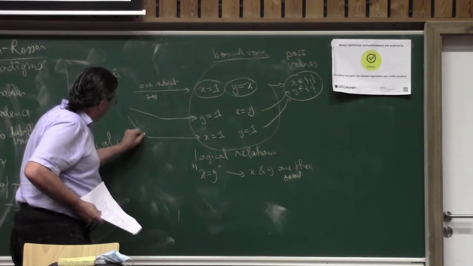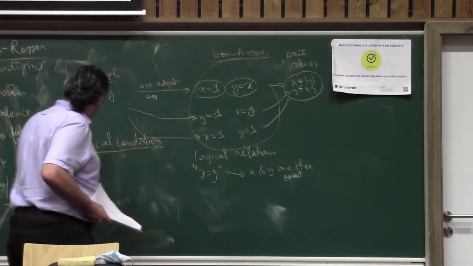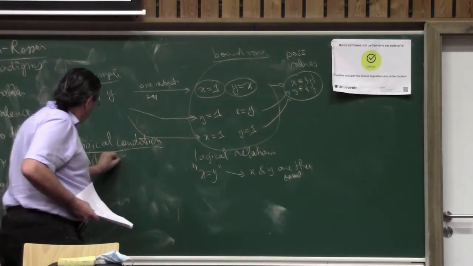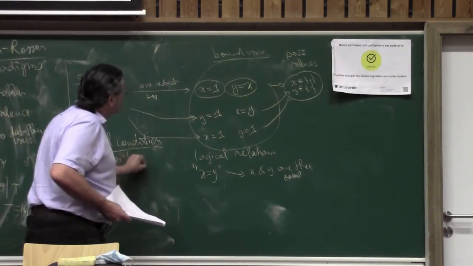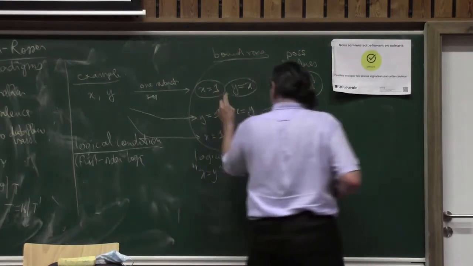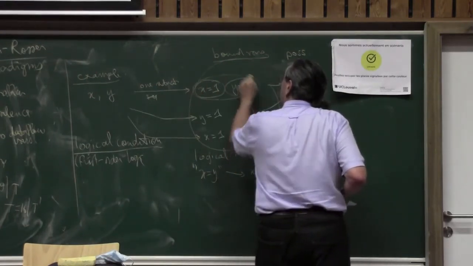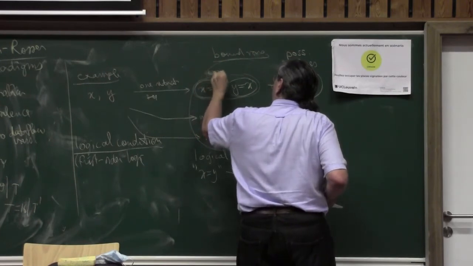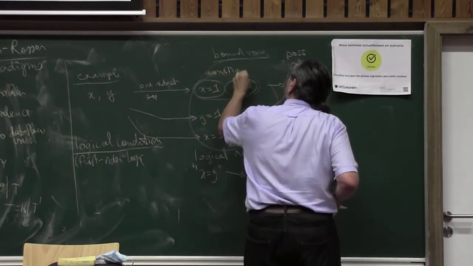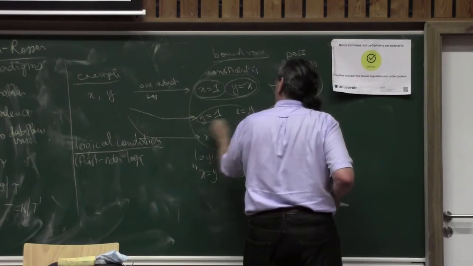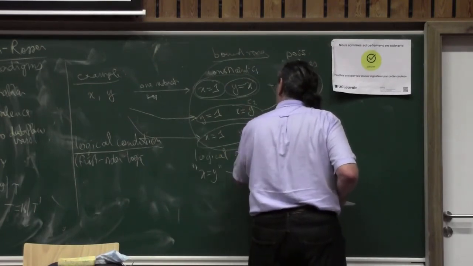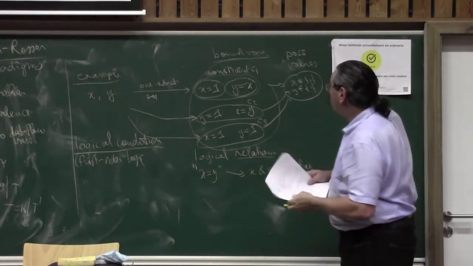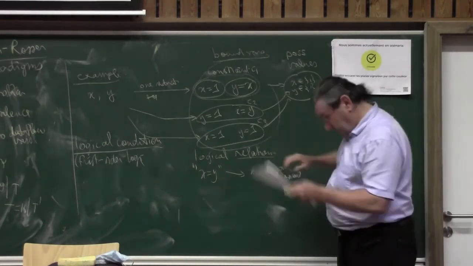But I'm not going to give you a course on logic here. So this can be defined in terms of logic. The result of the program here is a set of bindings, which I can call a logical relation, but it's actually a constraint. C1, C2, C3. These are logical relations, okay? But all of them give the same result.